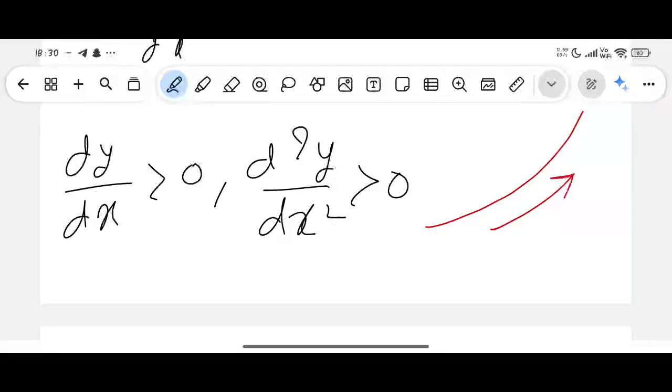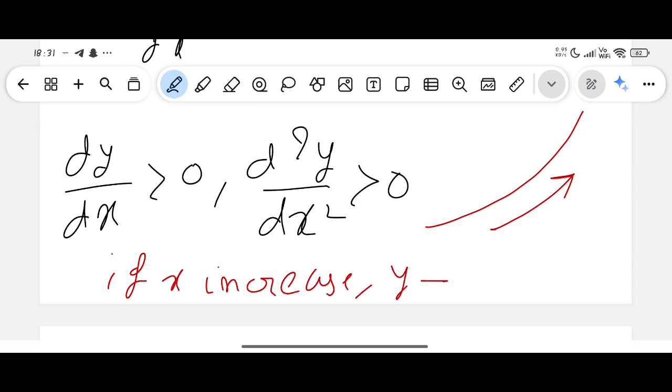It's increasing like this, and the curvature means that as x increases, y increases very rapidly, at a very fast rate. This is not a proper term to use, but you can use it for your better understanding. You can write that if x increases, then y increases rapidly.